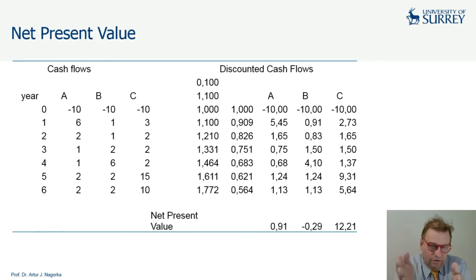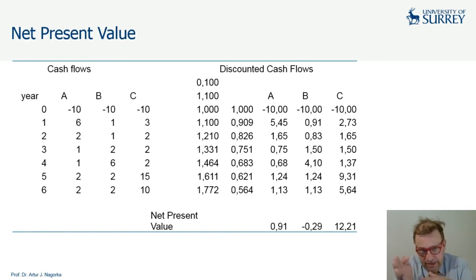You must know it already because we used it a couple of times in the case of 10%. So the flows will be discounted by this column that is 1, then 0.909, then 0.826, and so on.